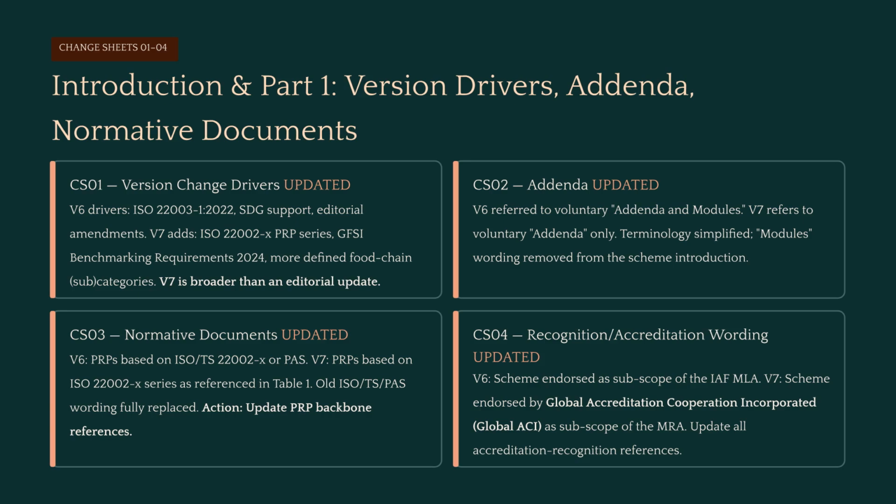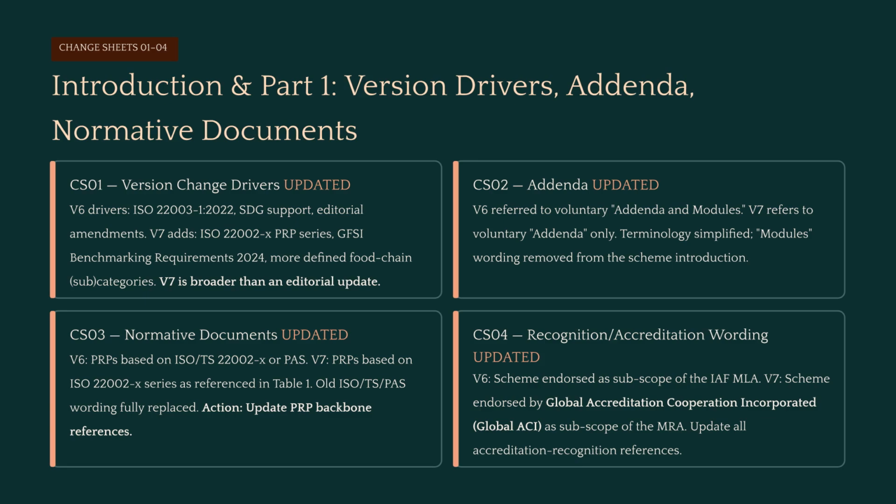Let us now look at what is driving these changes. In version 6, the scheme was influenced primarily by earlier ISO 22003 requirements and by support for the Sustainable Development Goals. Those influences were important, but the updated version 7 framework reflects a broader and more current set of drivers.